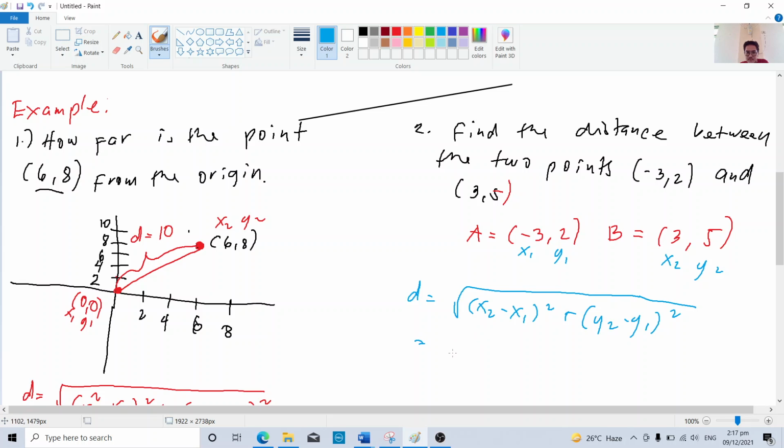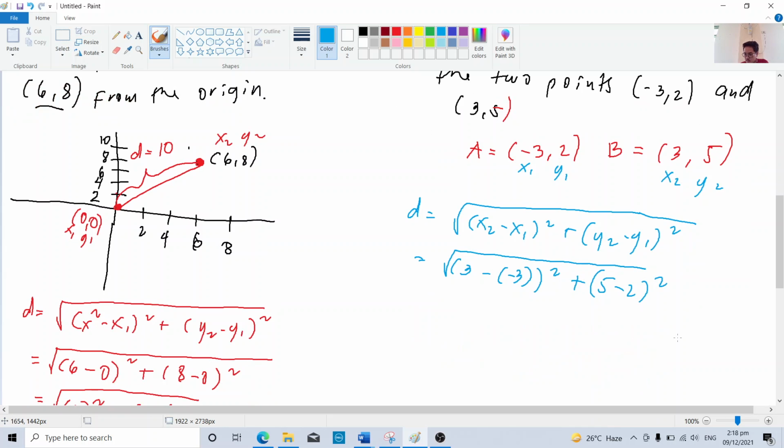What is our x sub 2? X sub 2 is equal to 3, minus x sub 1, that is negative 3, squared, plus y sub 2, that is 5 minus 2, squared, is equal to, positive na yan, magiging 6 squared, right?